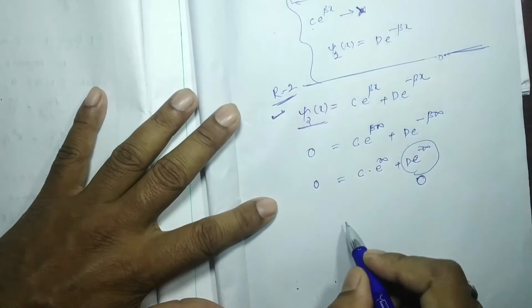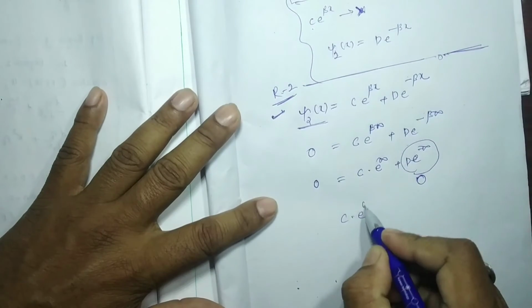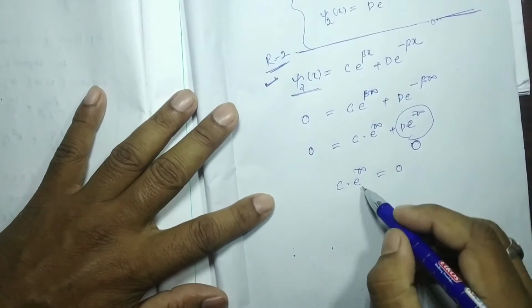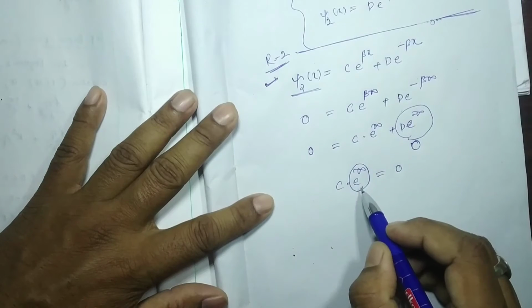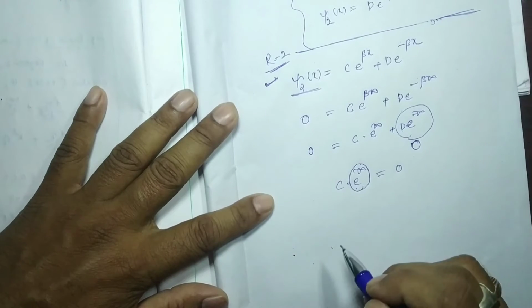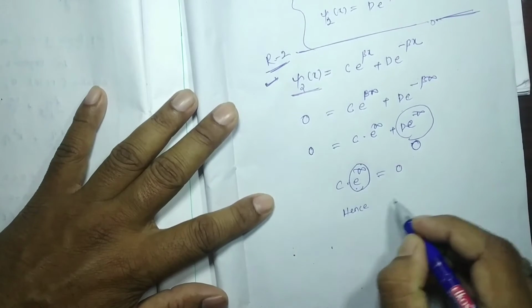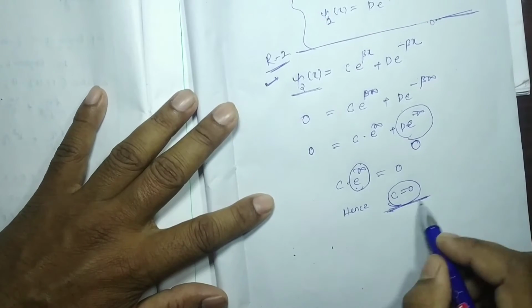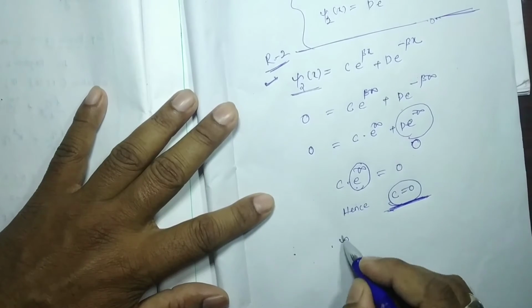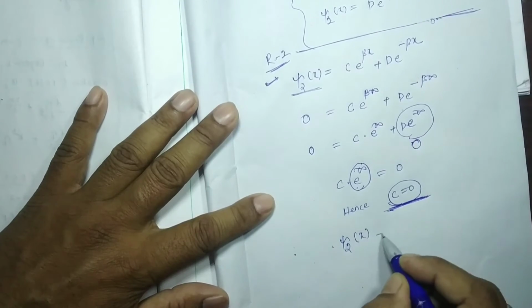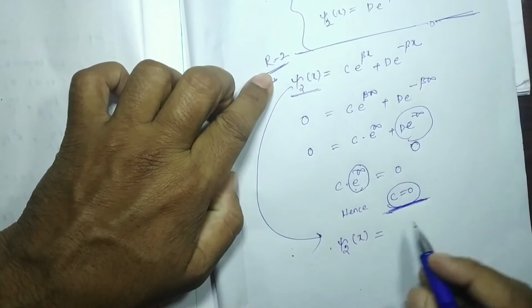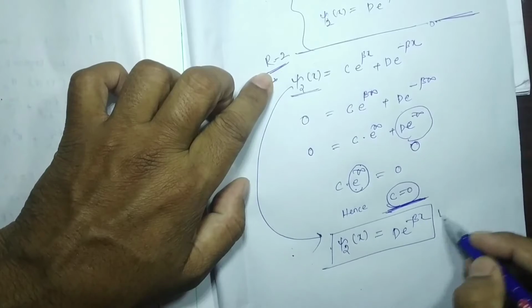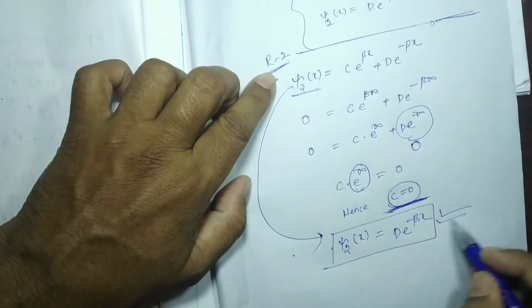So we get C into e to the power beta infinity equal to 0. This could not be 0 because e to the power infinity is infinite, hence C will be equal to 0. If C is 0, then automatically psi 2 x will be d e to the power minus beta x. In this fashion also some books have represented it.